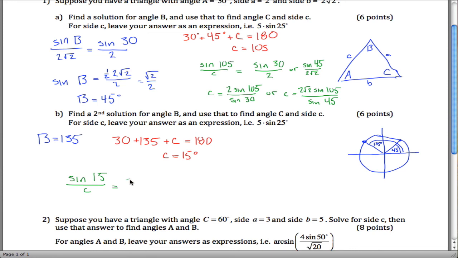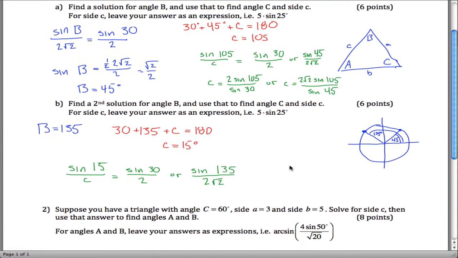Either it's equal to the sine of 30 divided by 2, sine of A over A, or you could say it's equal to the sine of B, which was 135, divided by B, which is 2 root 2.